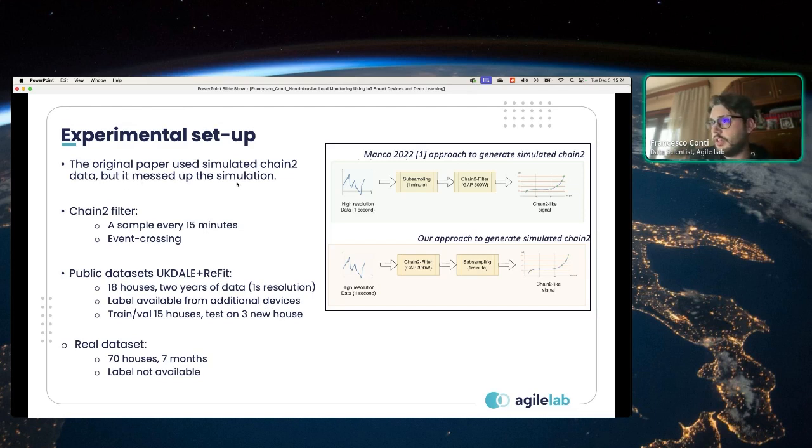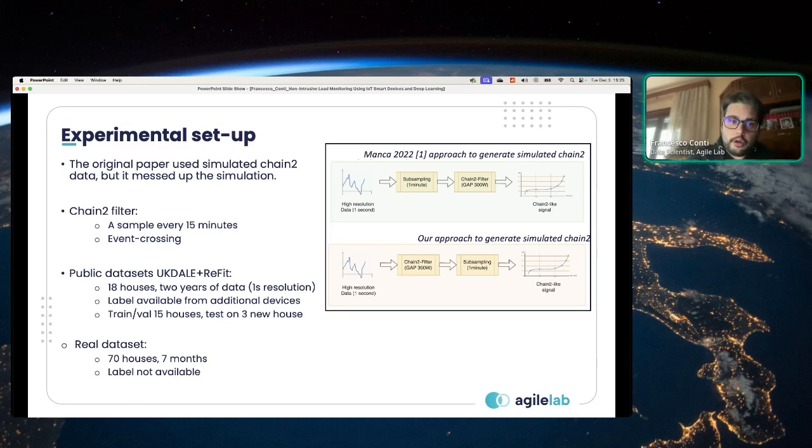Indeed, in order to obtain chain-2 data, we want to apply a chain-2 filter, taking a sample every 15 minutes and then this logic to extract event crossing, but they apply this logic after the subsampling step used to match the network input. So the simulation is messed up, and so it's a huge limitation for this good paper.